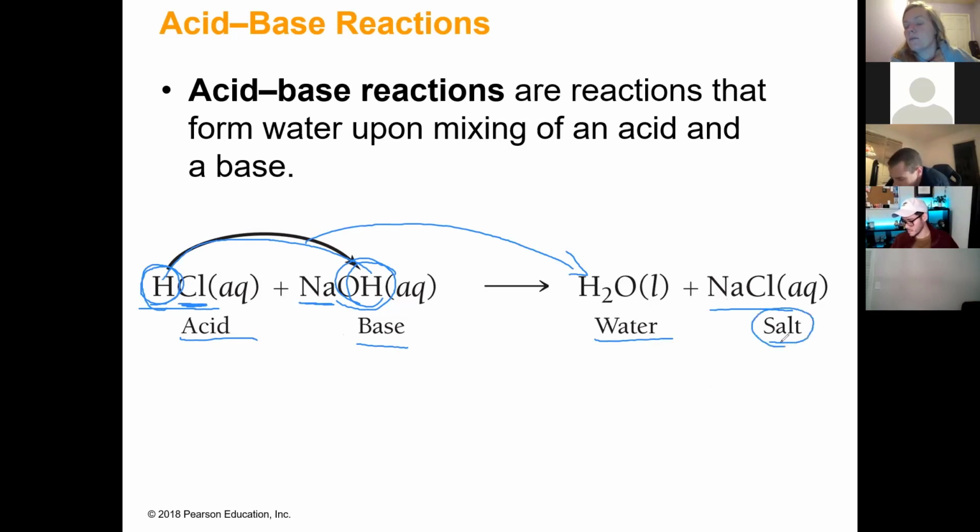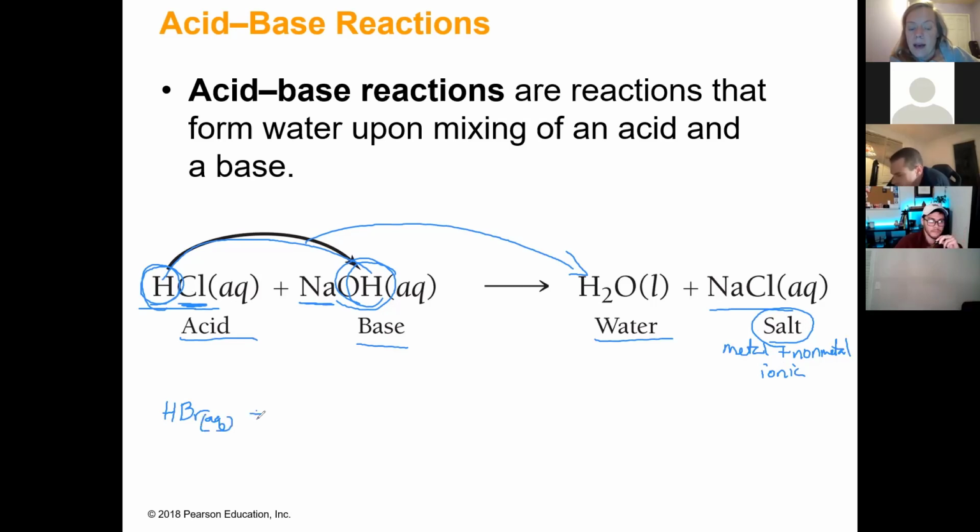And when I say salt, what I mean loosely is a metal and a non-metal, right? Or something ionic. Sometimes we refer to ionic things as salts. So if we had a different set of things here, let's say instead of hydrochloric acid, we had hydrobromic acid, HBr.